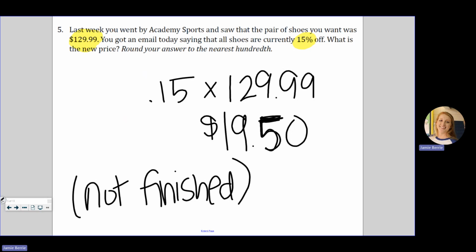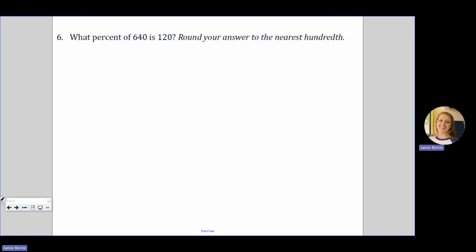All right, so this is the one that I wanted us to do together because this is the one that people seem to struggle with from this section in particular. But if you use that little formula that we came up with in class, which was percentage times total equals the part, then all you have to do is plug in what you know and then solve for a variable.